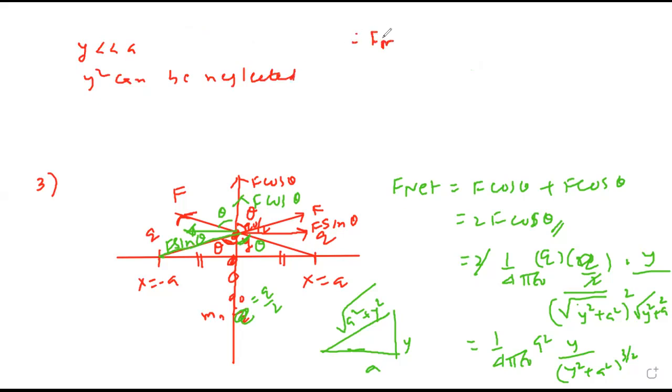Therefore net force will be 1 upon 4 pi epsilon naught, q square y upon a square raised to 3 by 2. All are constant except this y. F net is proportional to y. Please take option A.